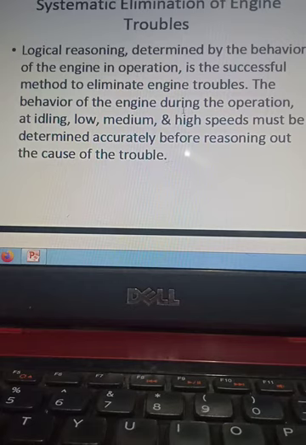So the behavior of the engine during operation at idling, low, medium, and high speed must be determined accurately before reasoning out the cause of the trouble, no?